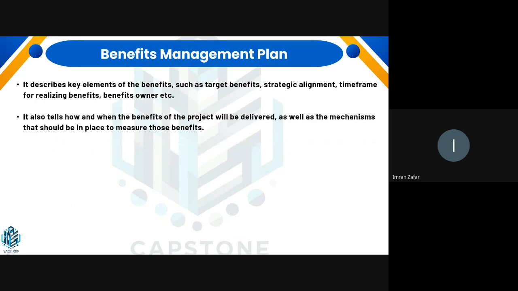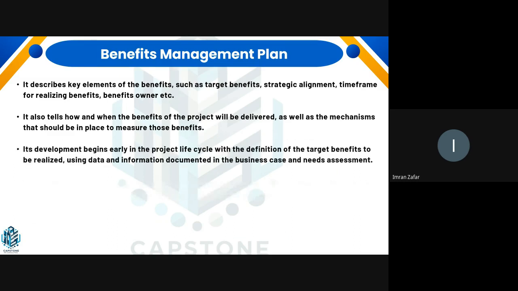Maybe, as a part of your project, to properly get those benefits or get value from the deliverable that you are delivering, you need to have some trainings in place for your operations team or your customers, and align all the structures.